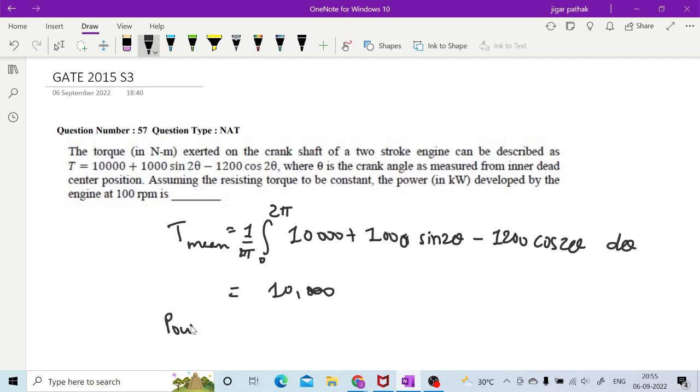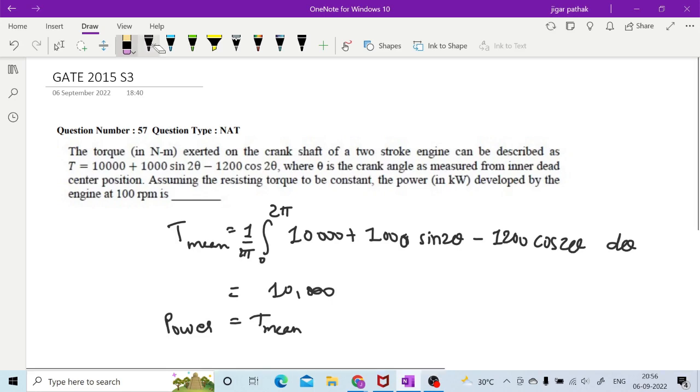Once you have the T mean, then power is nothing but T mean into omega. Sorry, power is nothing but T omega, where omega is 2 pi N by 60. Here N is given as 100 rpm. So once you have this T mean, you can calculate power.